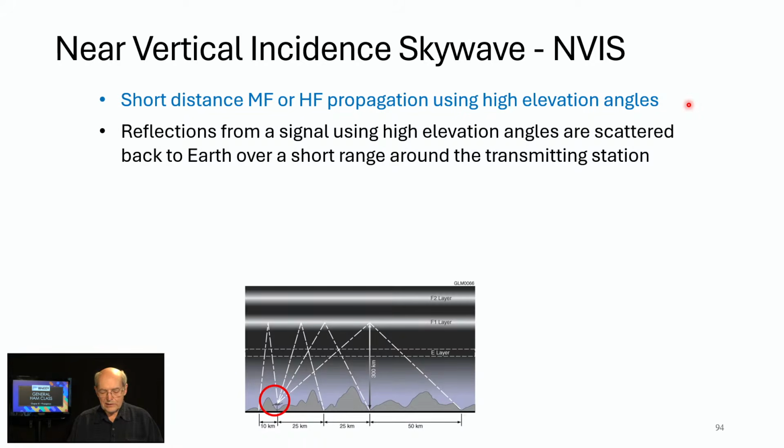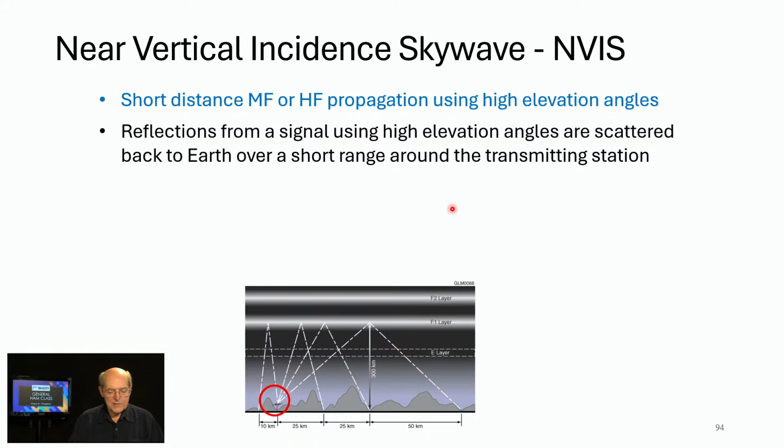If you go down to maybe a quarter wavelength or less, that will direct most of the energy straight up. So that's near vertical incidence. Our angle is going almost vertical. It is going up to the ionosphere, so it's skywave, which is why it's called near vertical incident skywave.